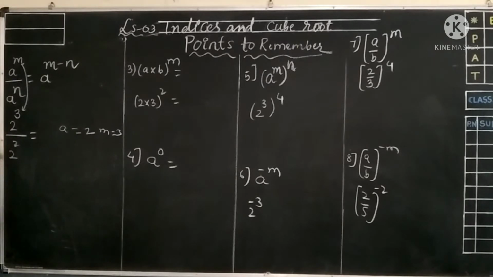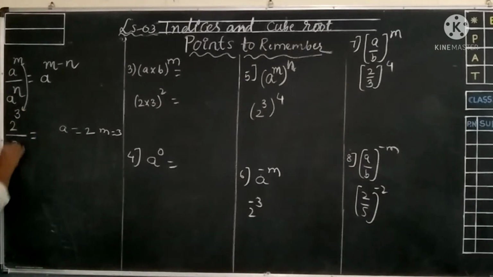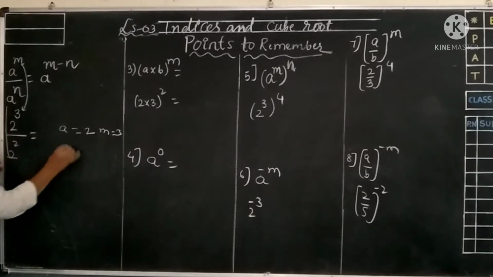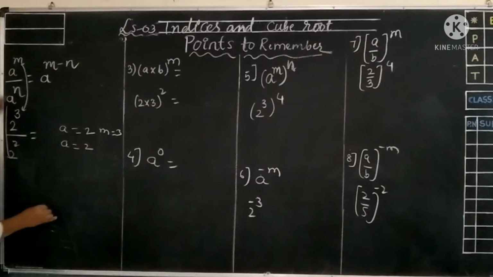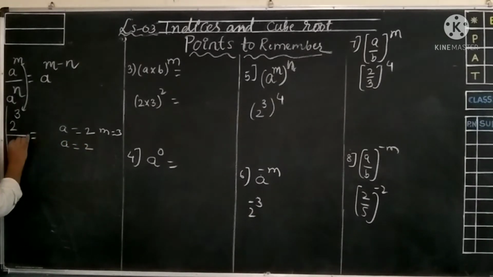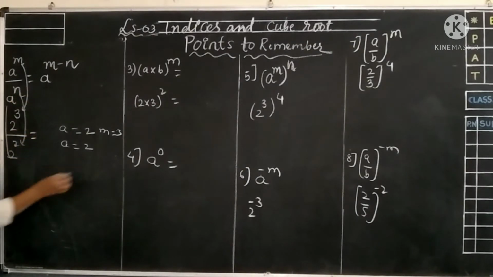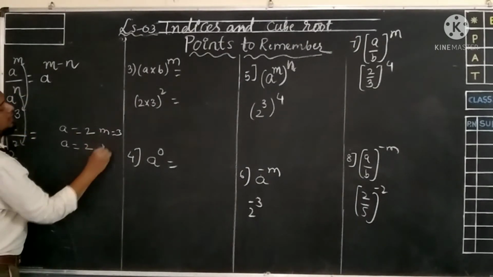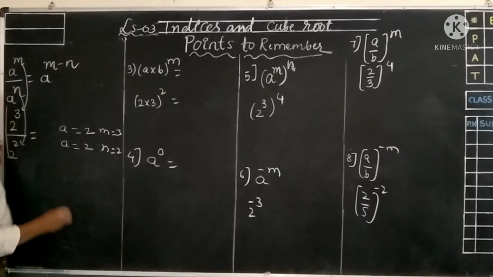This one is the numerator and this one is the denominator. In the denominator, a value is 2 and n value is 2.